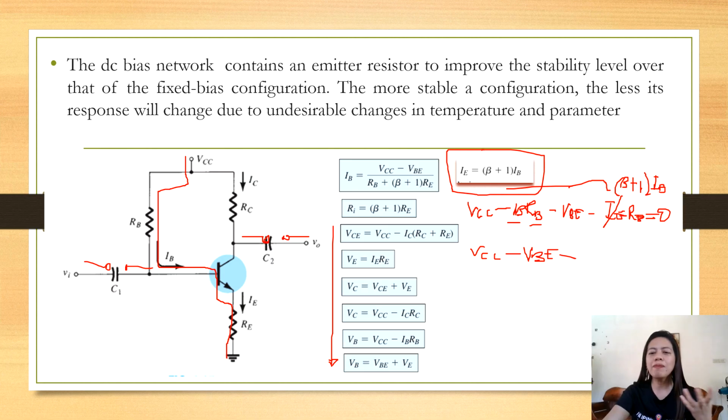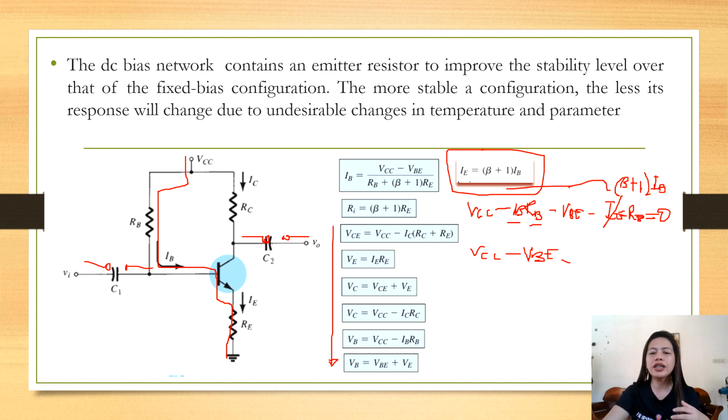All right, so this time we have already this beta plus 1, okay, beta plus 1. Can we just put it there? No. Okay, so let's erase that one for a simplified formula.